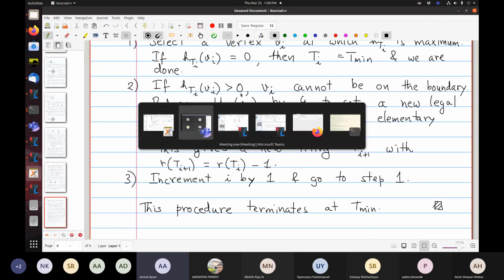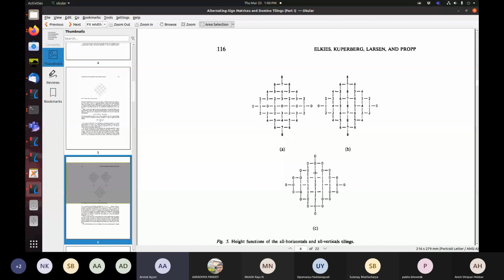It's not that you will always take two verticals and flip them to get a horizontal, to get to T min. You have to do something more. So you need to say something about the condition for picking a V.